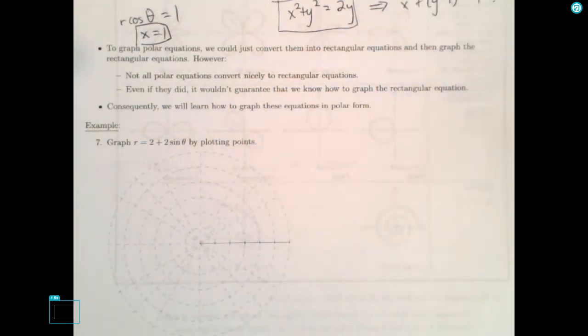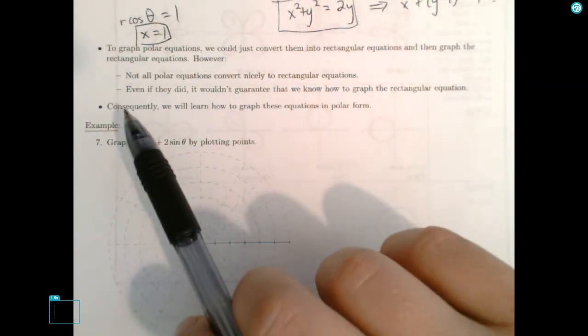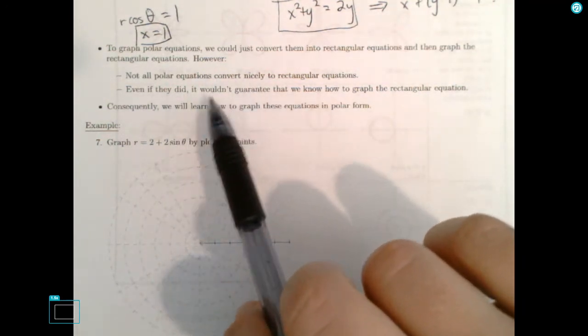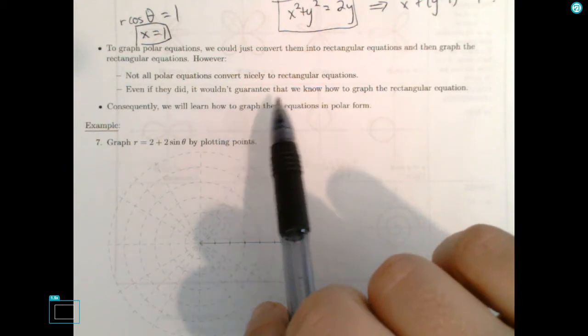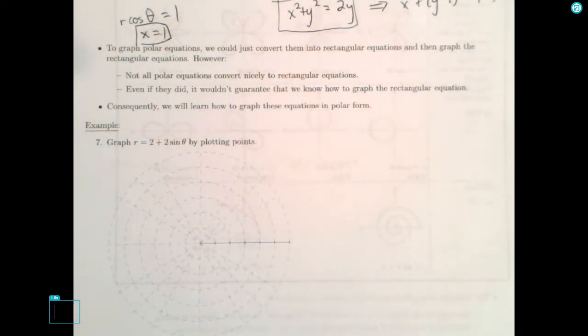If you try to make the change, you could end up with something horribly nasty. And second of all, even if they did convert nicely, it wouldn't guarantee that we would know how to graph the rectangular equation we end up with. So we're better off just learning how to graph polar equations.